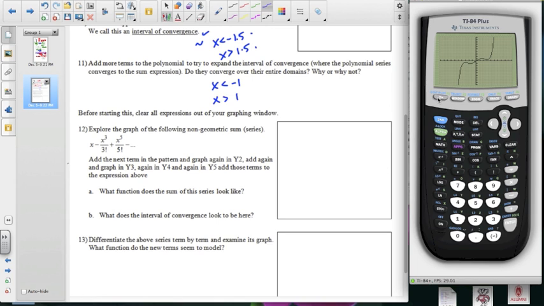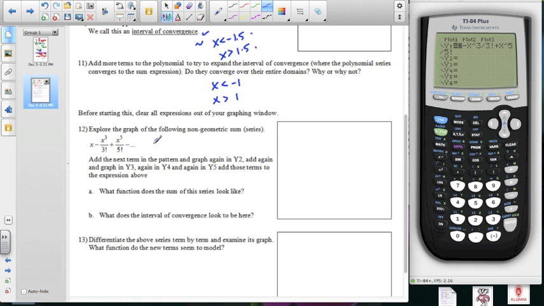If we start extending this, if we look at this pattern here, we see that we have odd powers. So the next one would be x to the 7 over 7 factorial. And then we alternate minus plus minus plus, x to the 9th over 9 factorial, minus x to the 11th over 11 factorial, plus dot, dot, dot.